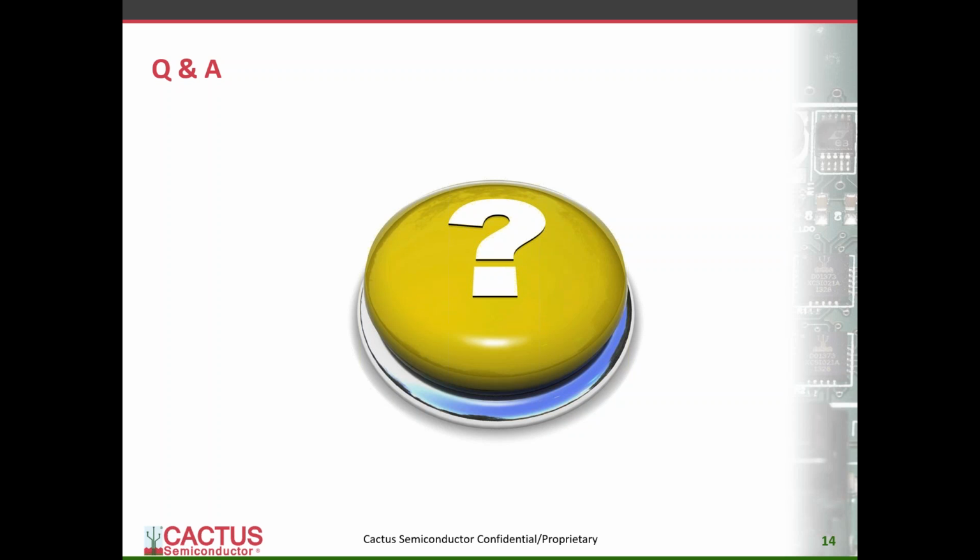We have another question. How do you determine what to integrate and what not to integrate? That's an excellent question. It's kind of system on a chip versus multiple ICs. At Cactus, and I believe we've published some papers on this, we talk about smart integration, not maximum integration.